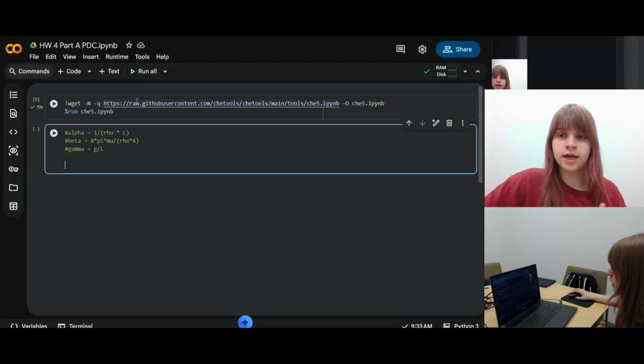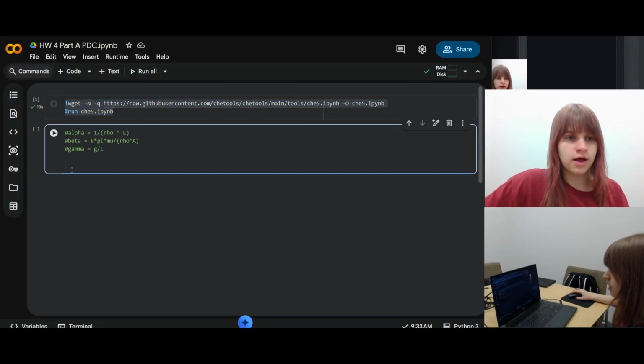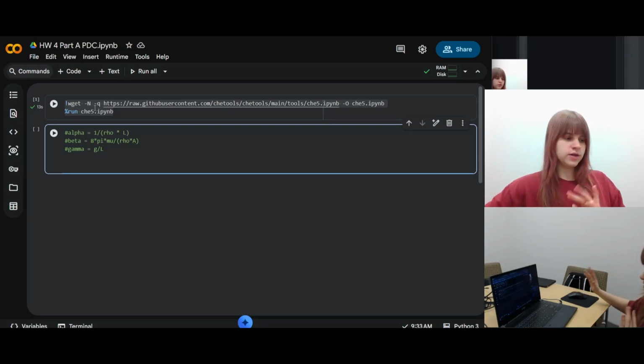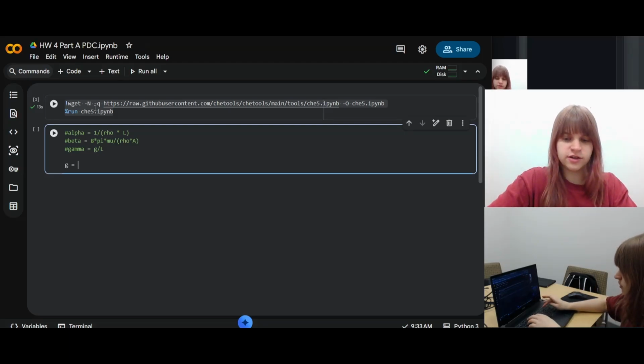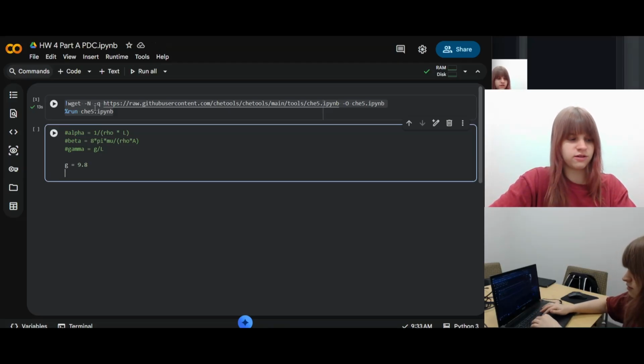I went ahead and took our usual import. I also commented out these alpha, beta, and gamma values so that I don't forget where those came from and what they are. So just getting started, we know our gravity is equal to 9.8, that's meters per second squared.